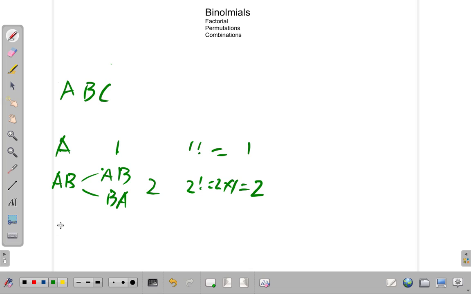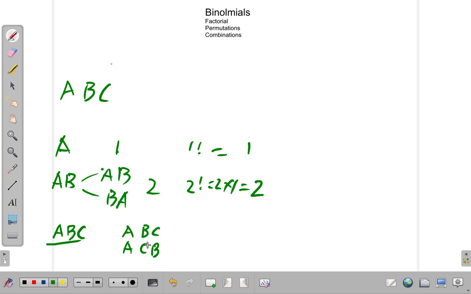Remember the ABC? For the ABC, we're looking at how many ways we can arrange ABC. We could start with A, then B, C, start again with A, then C, B. Alright?